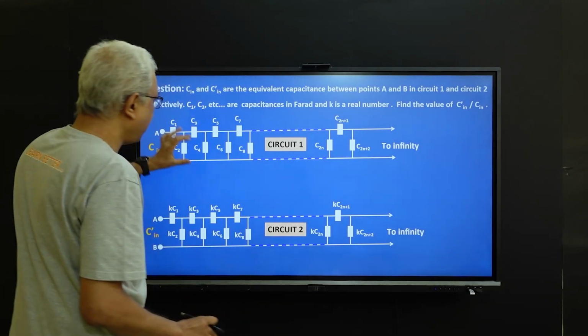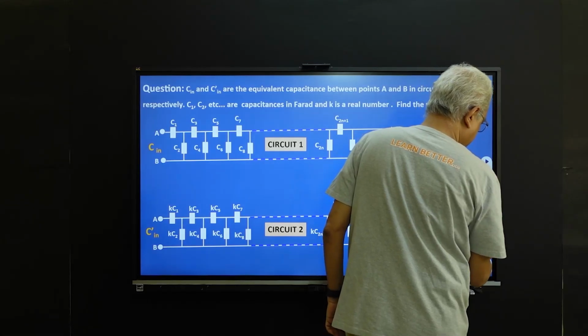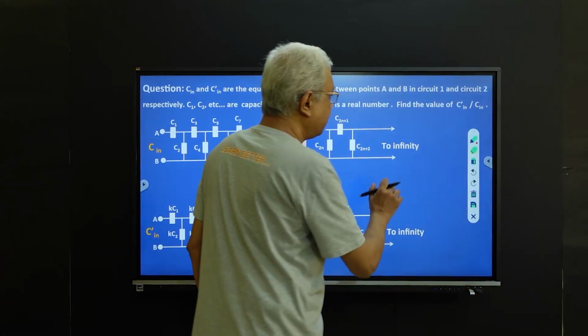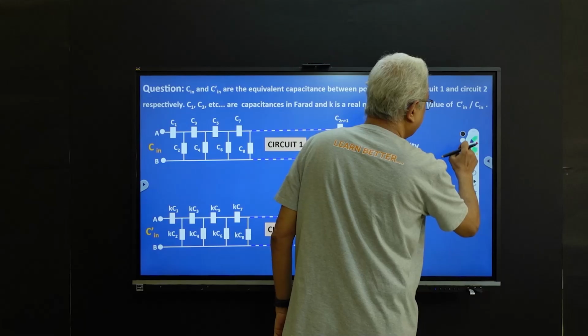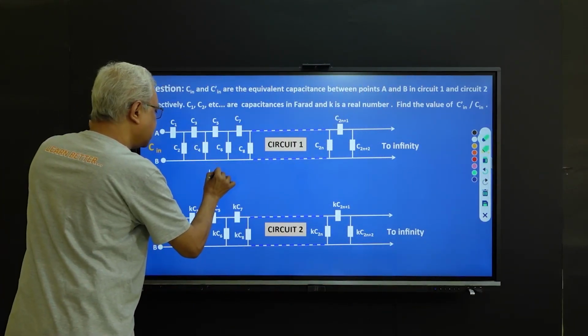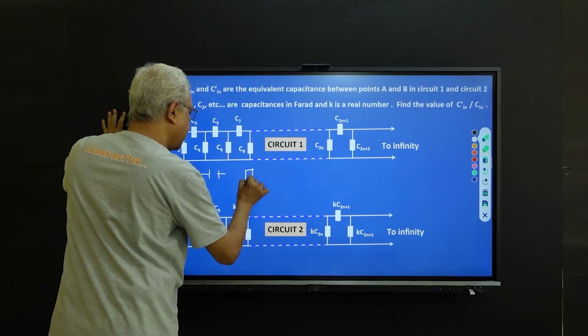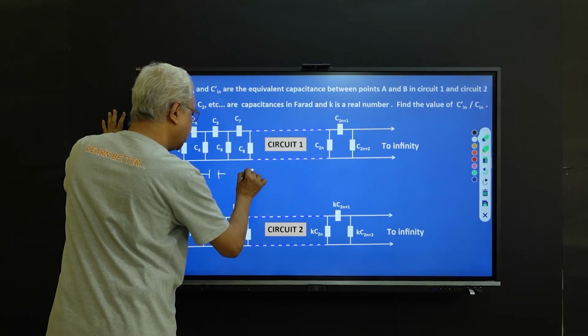So this is an infinite capacitive ladder network. There are infinite number of circuit elements, and here actually the capacitor notation symbol is something like this, but here we have used a white box like this.